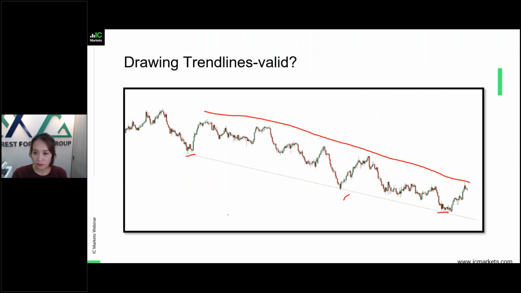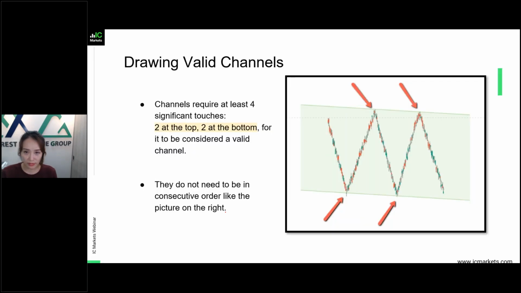Okay, so now we draw the channel line. How do you draw a channel line? The channel line has to touch at least two on the top and two on the bottom, and then you know this is considered a valid channel line.